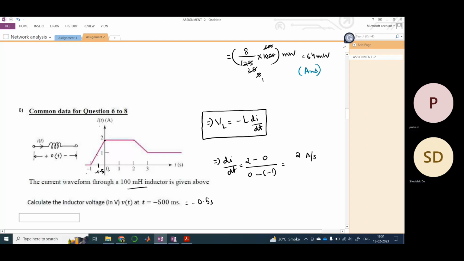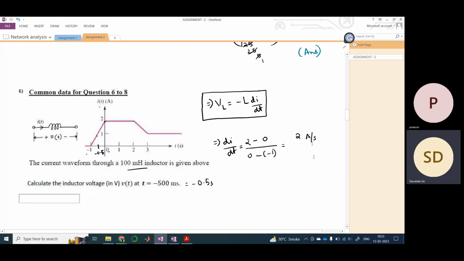So V_L would be minus L di/dt. My L is 100 millihenry, so 100 by 1000, times 2, and this would be in volts. This would be 0.2 volts.